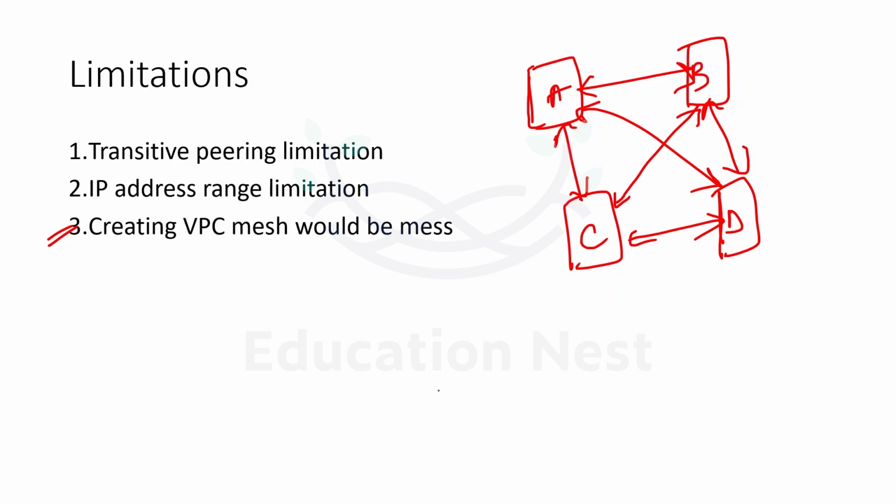Let us suppose I have 100 VPCs. What would be the formula, or how many peering connections would be required? Every VPC is getting connected with every other VPC. So it would be N, our total number of VPCs, each connecting with every other VPC apart from itself: N times N minus 1. Because the connection is duplex, we divide it by 2.